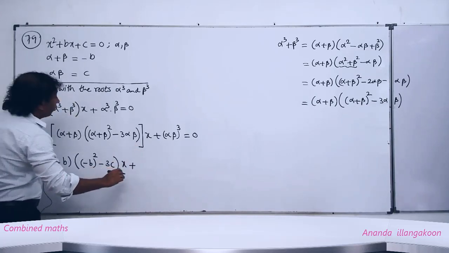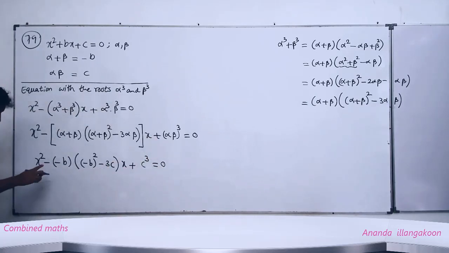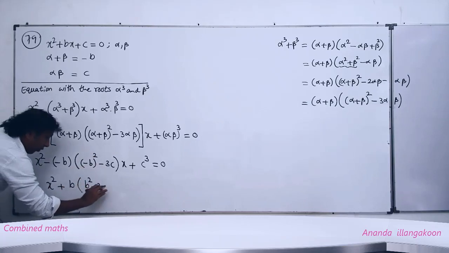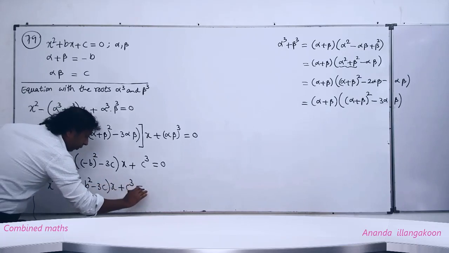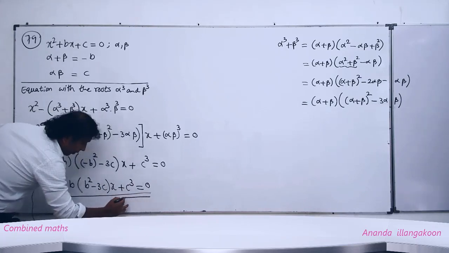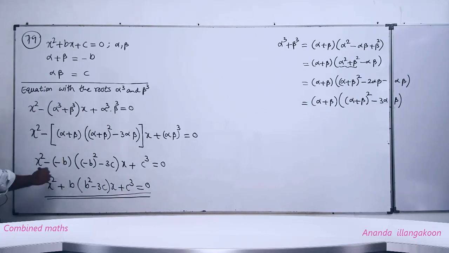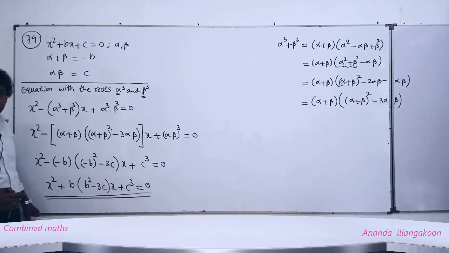Alpha beta cube means c cube. Minus and minus make plus, so we get x squared plus b times b squared minus 3c times x plus c cube equals 0. So this, people, is the quadratic equation with the roots alpha cube and beta cube.